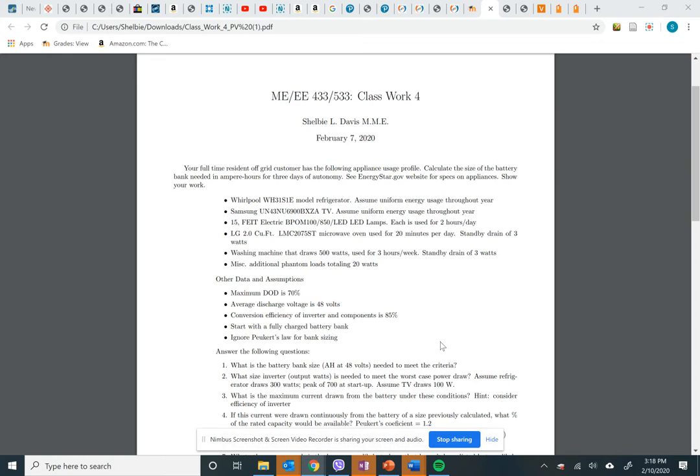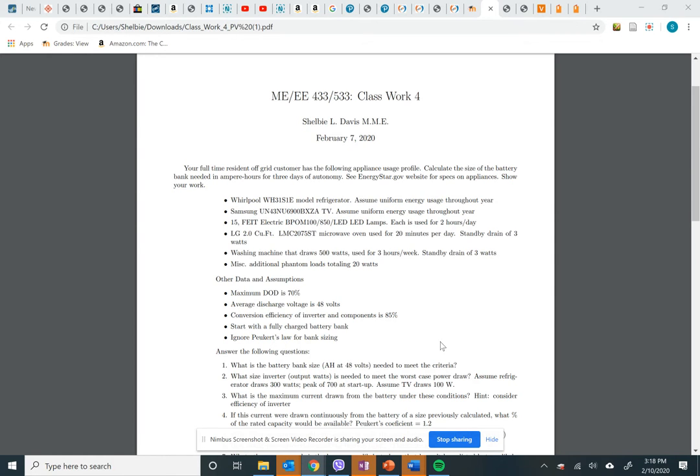Now, on the other hand, state of charge, SOC, is how much you have left. So state of charge would be the 30 amp hours you have left. So those two are complementary figures. Depth of discharge is how much charge you've removed from the battery. State of charge is how much there is left.